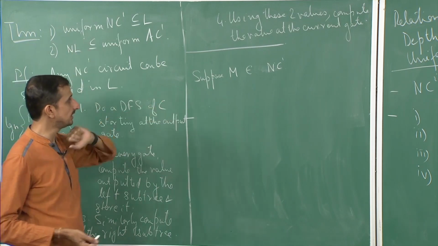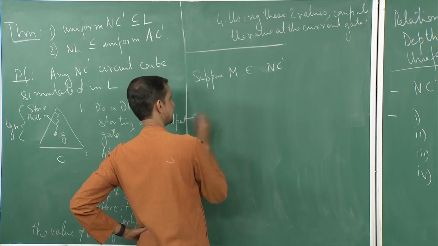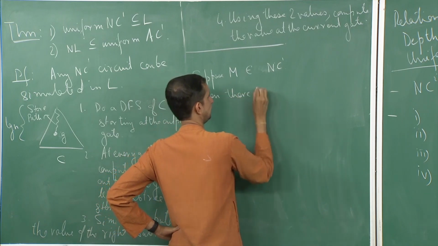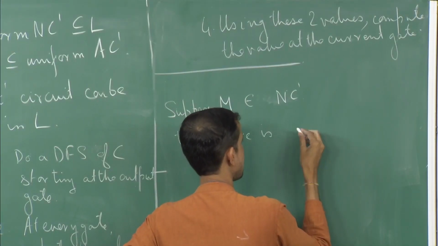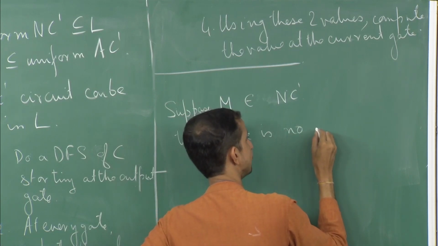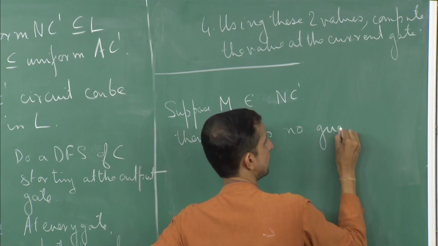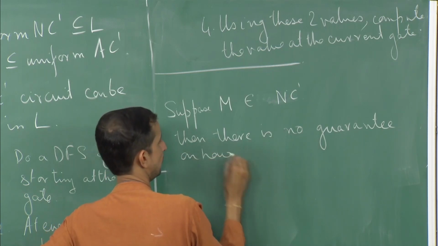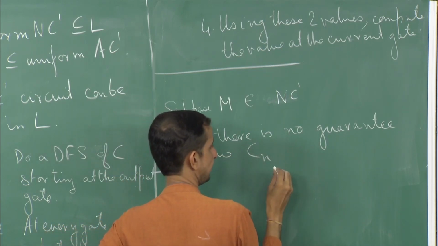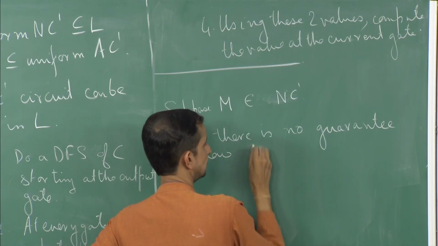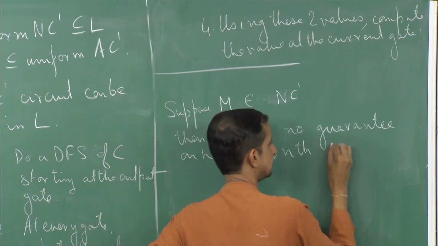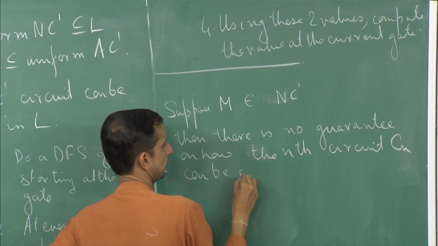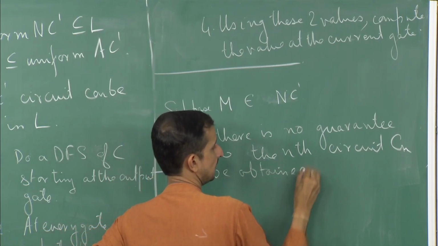Now, suppose M is in NC1, then there is no guarantee on how the nth circuit Cn can be obtained.